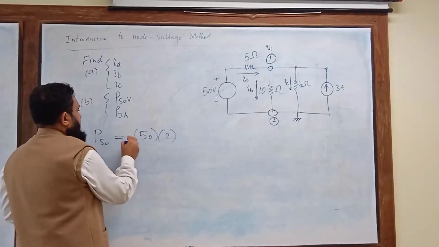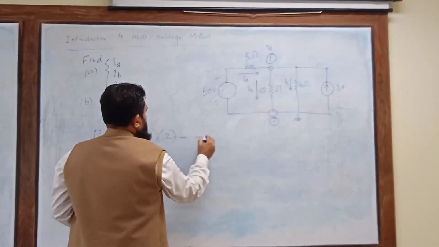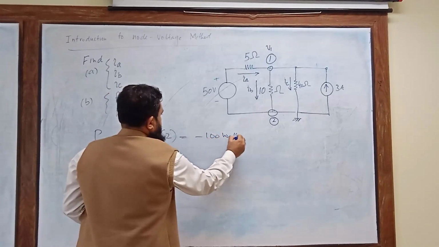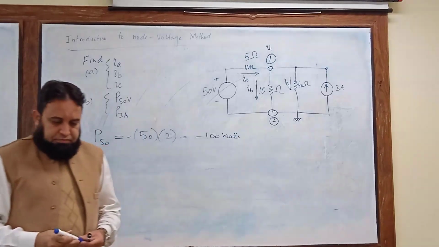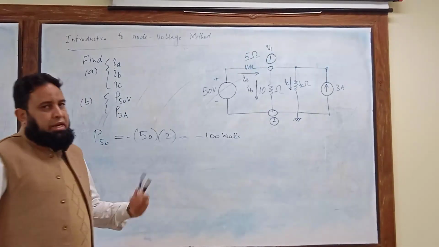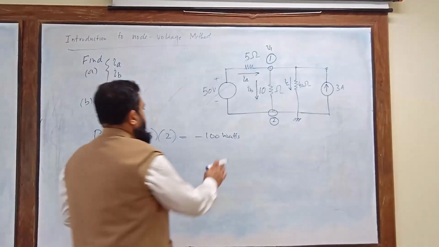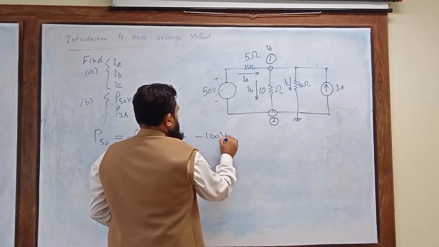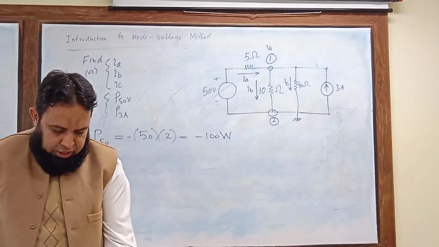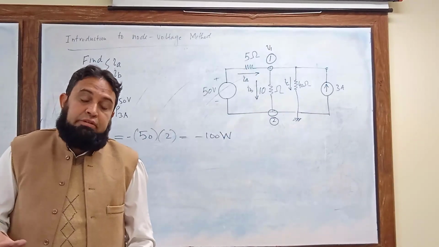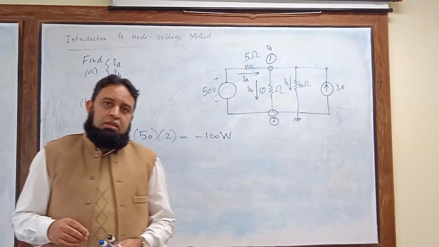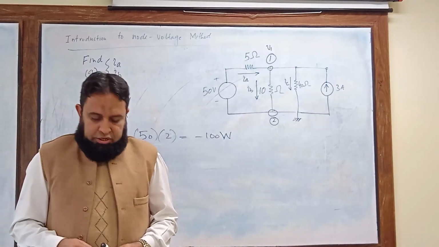So it is minus 100 watts, or you can simply write capital W. So this power is being delivered, using the sign convention we discussed in the class. You have to follow that.